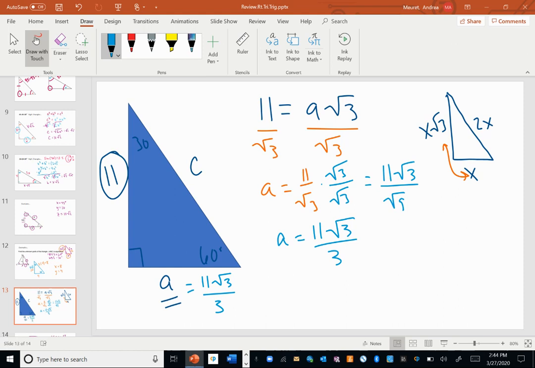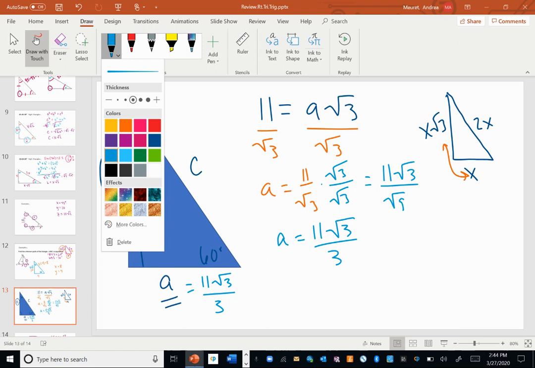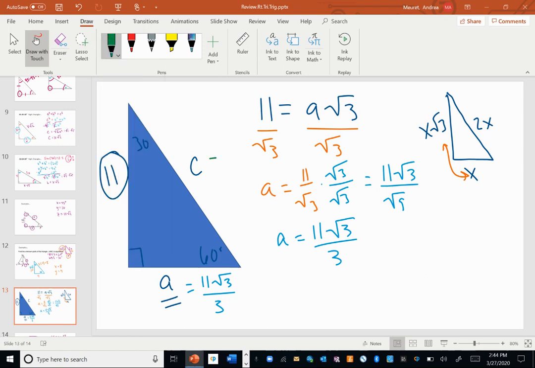And then the last step, to find the length of the hypotenuse C here, we just have to take the answer for side A and multiply it by 2. And when you multiply a fraction by a whole number, you simply put a 1 under the whole number and then multiply straight across.